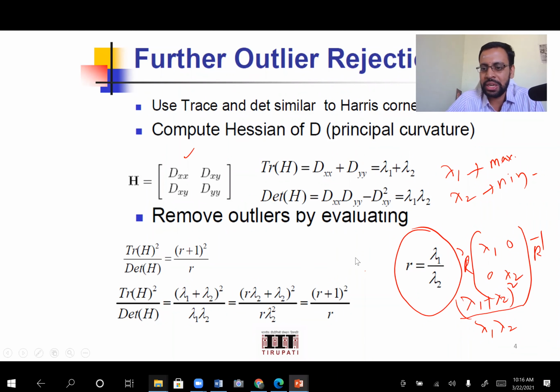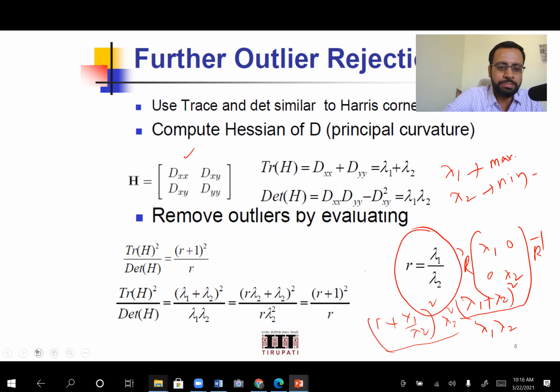So essentially they are writing this in terms of lambda1 by lambda2, not at all difficult. Just take lambda2 common, and that would give you 1 plus lambda1 by lambda2, whole square, into the lambda2 you have taken out. This is very simple, and you would arrive at this expression.